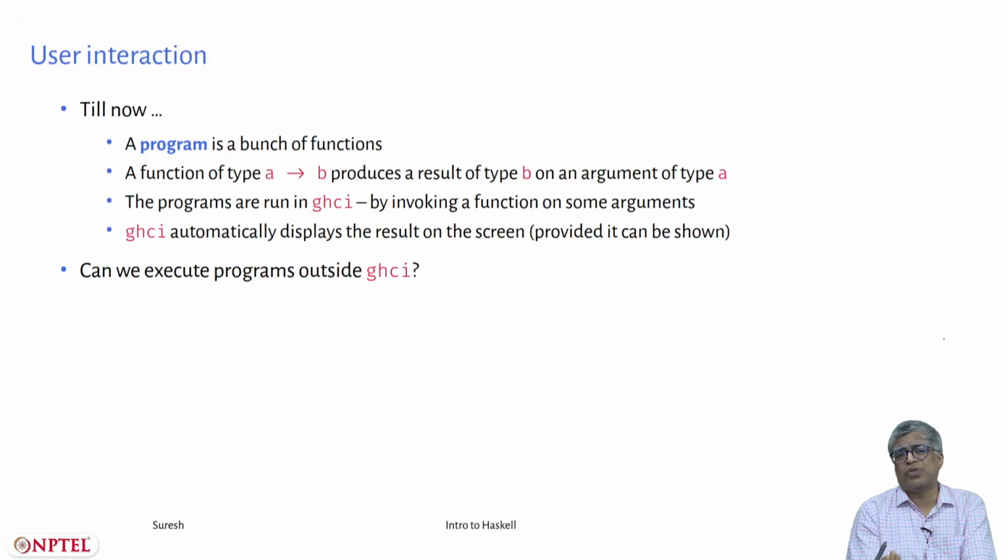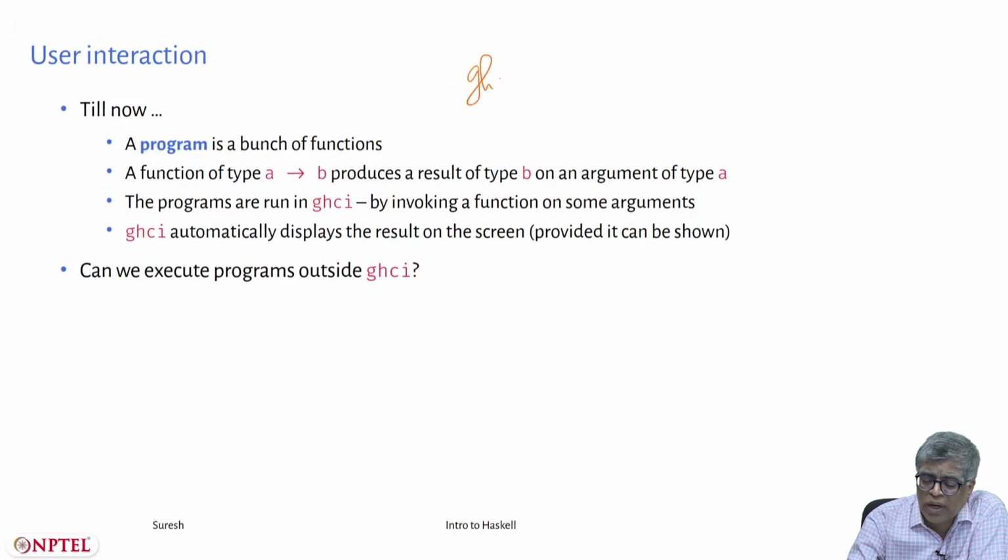But there are also ways in which you can execute programs outside of the Python interactive shell. Okay, so GHCI is what you may call an interactive shell, or a REPL for Haskell.